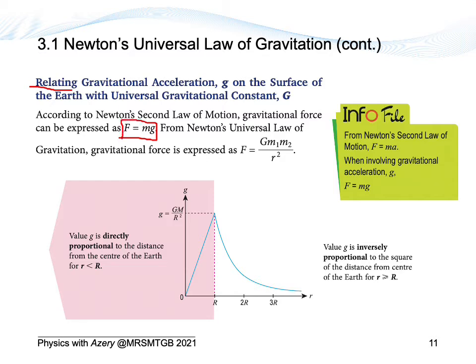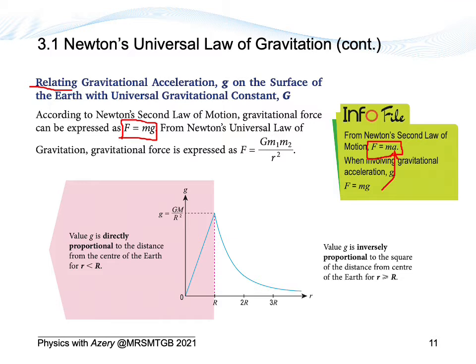How come? We know that the original formula is F equals ma, but when it is involving gravitational acceleration, we simply replace the a here with g, since a and g are both acceleration.